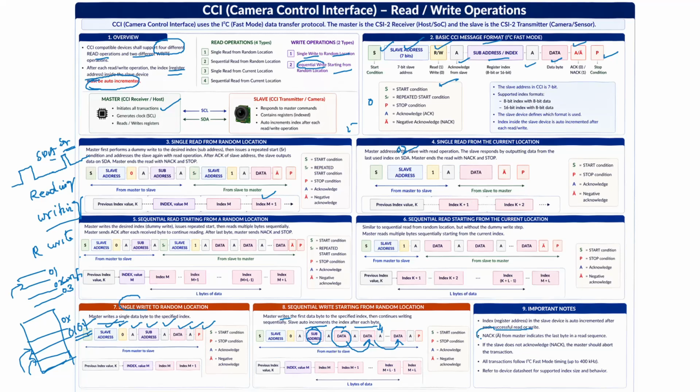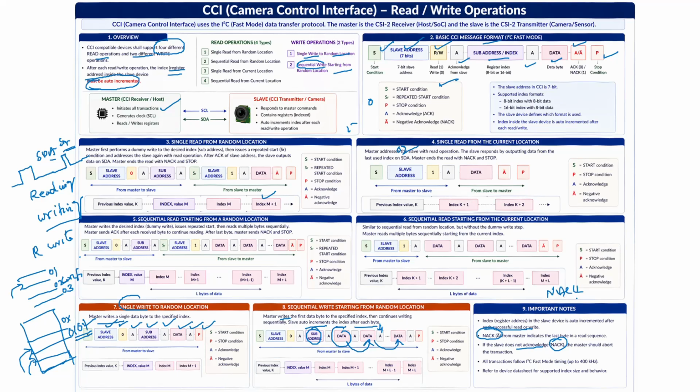If you receive a NACK bit, it means either the master indicates that it is the last byte of the read sequence, meaning your transaction is completed, or you are receiving some error in your transaction, or the slave has not acknowledged. That is the NACK indication. So two types of NACKs are there.